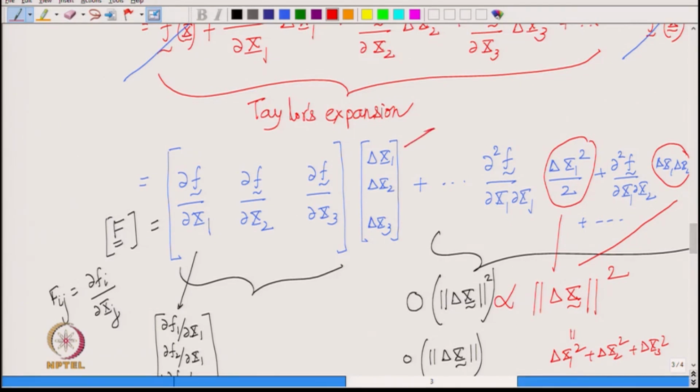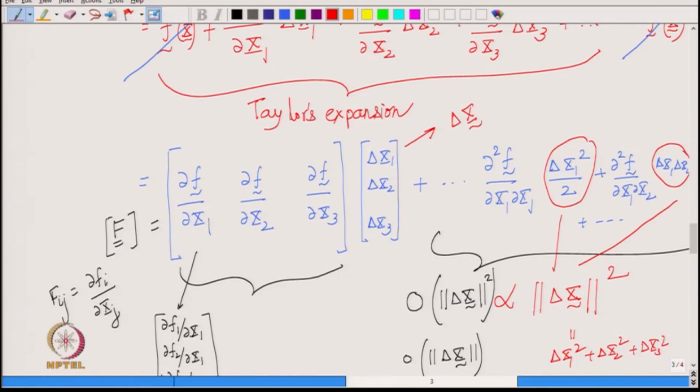Now, can you see what is a vector of this column? So, is not it simply delta big X, the vector delta big X, which is expressed here in E1, E2, E3 coordinate system, right. It has those three components, delta big X1, delta big X2, delta big X3.